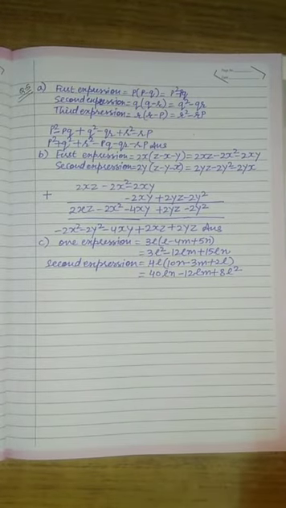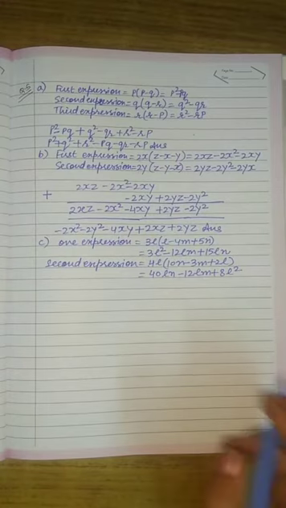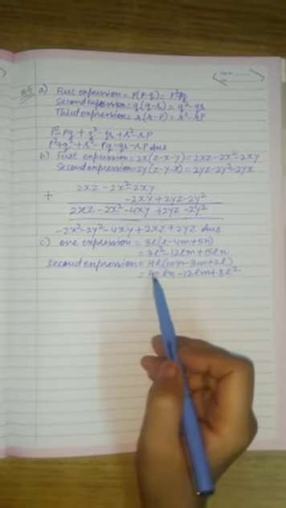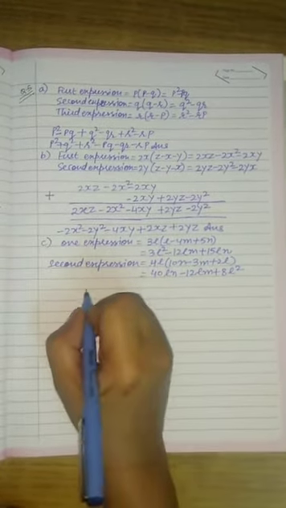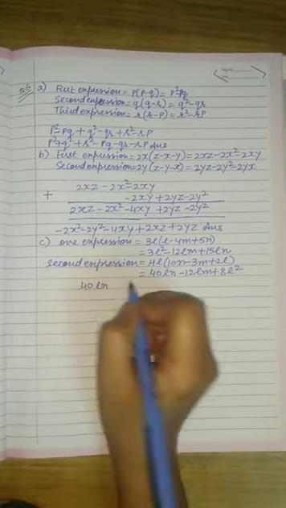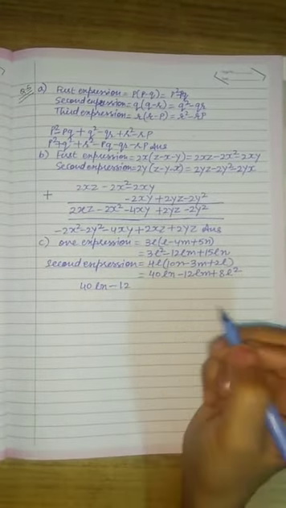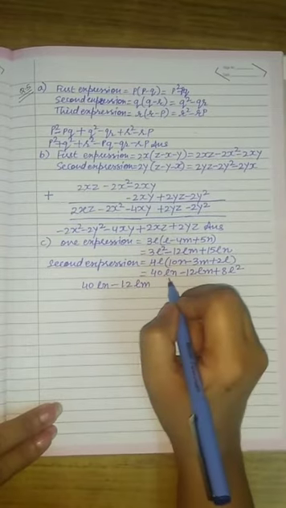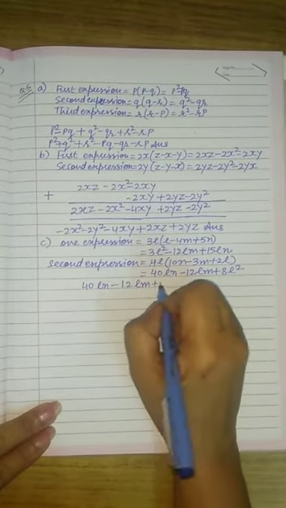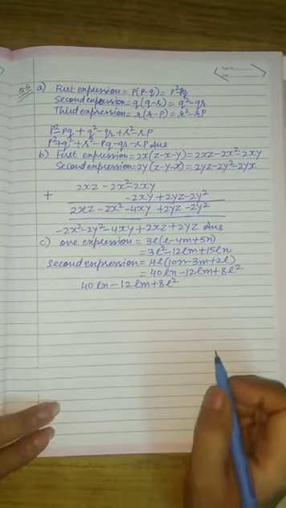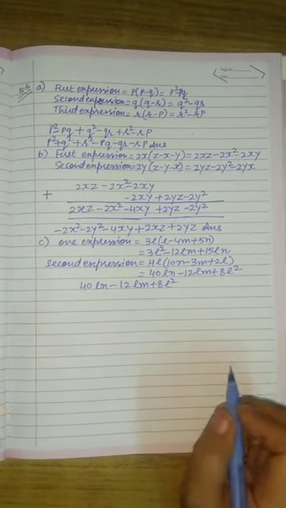Now we have to subtract the first expression from the second. So second will be written first. 40LN minus 12LM plus 8L square.